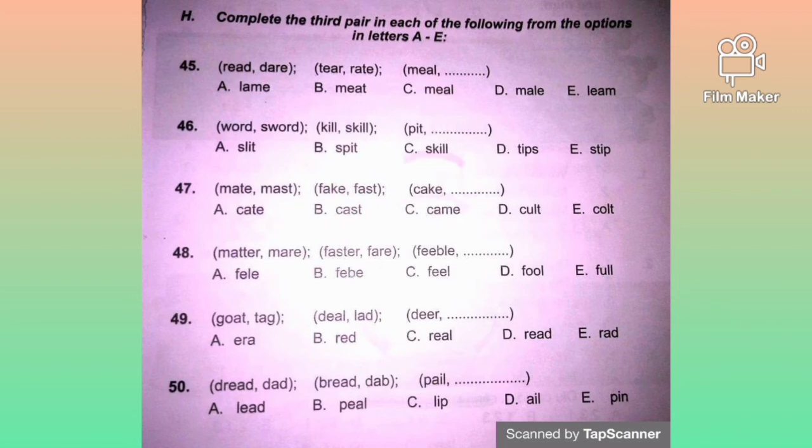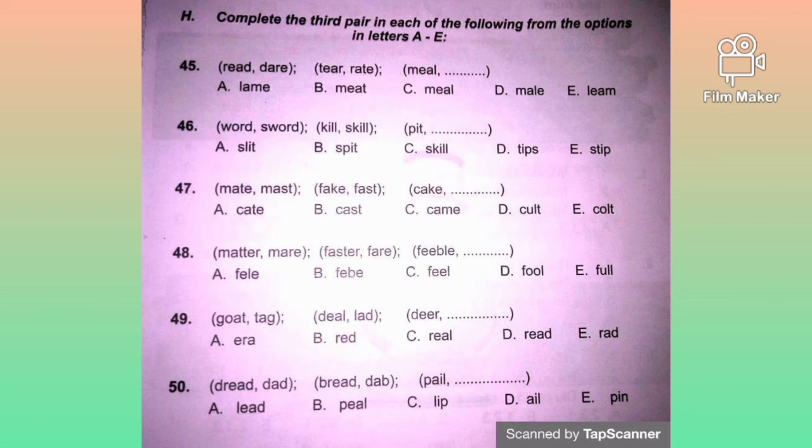What they did was to add an ST to the FA, which gave us fast. So we are given cake. So what should we do? We should also add an ST and remove the KE, right? So if we add an ST after removing the KE, we are going to have cast. So let's see if we have that in our options. Option A is cat, no. Option B, cast. That is exactly what we are looking for. Our answer is B, cast.